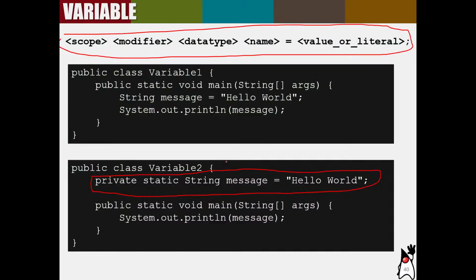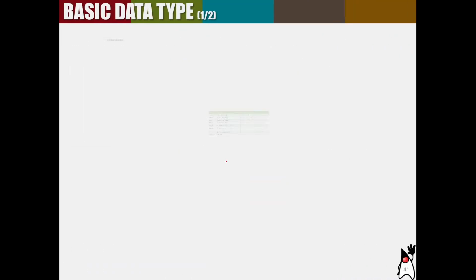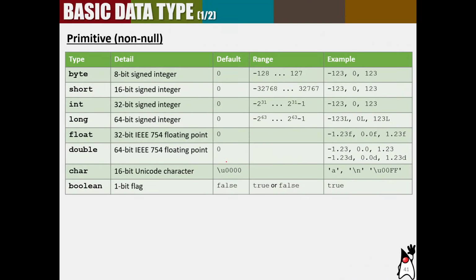Next we will learn about basic data types, primitive data types. Primitive means the data will be managed natively at the machine level. When represented in memory, everything is converted into digits, numbers.